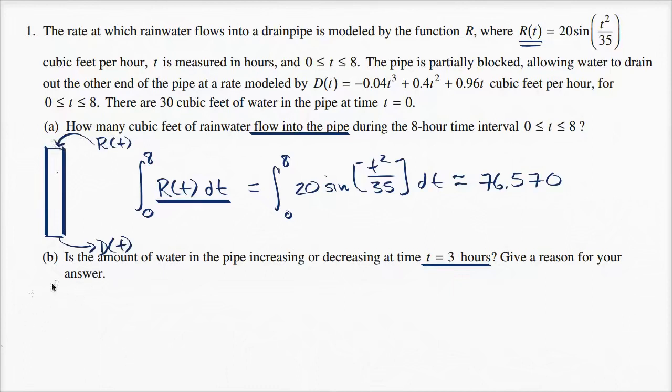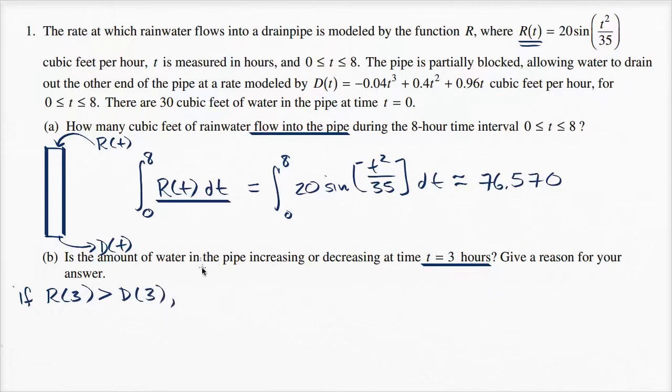Let me be clear. If r of 3, when t equals 3, because t is measured in hours, is greater than d of 3, that means water is flowing in at a higher rate than leaving.